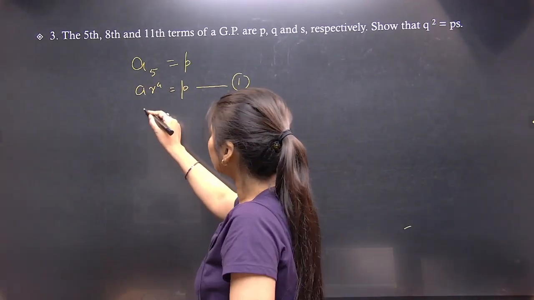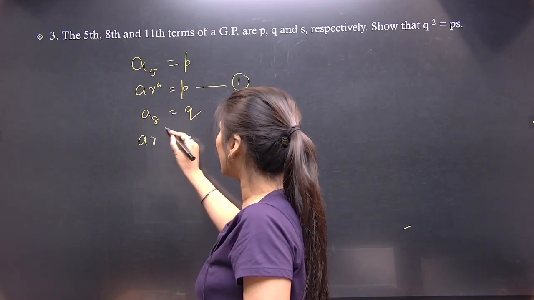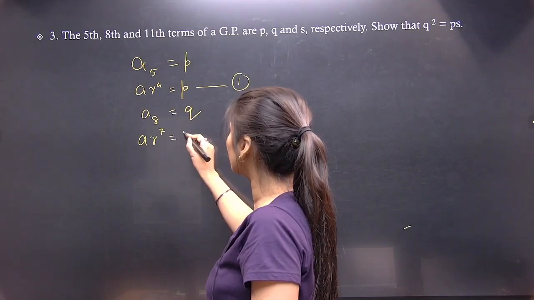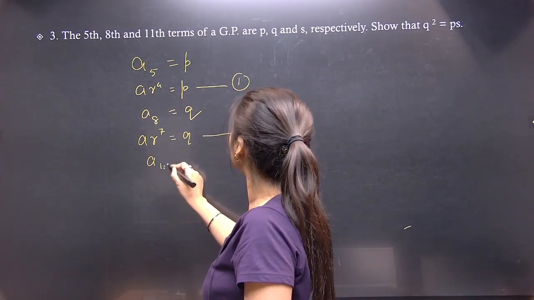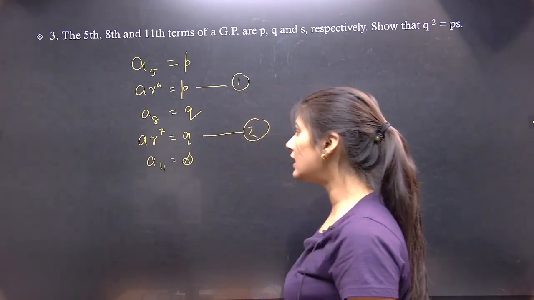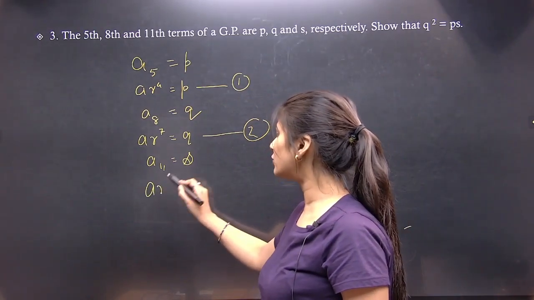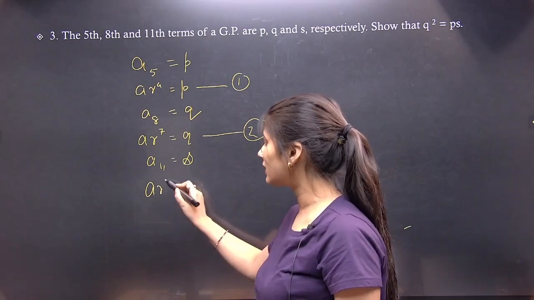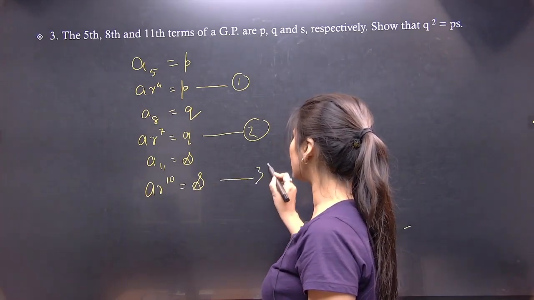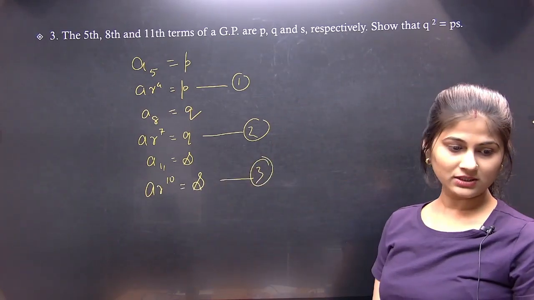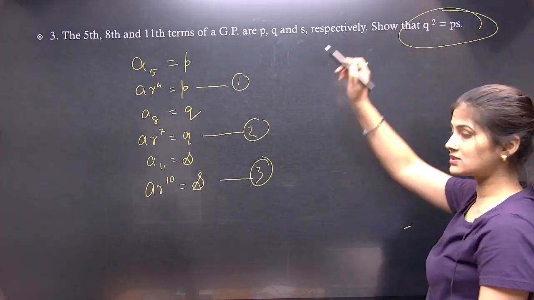The 8th term is Q: AR^(8-1), that is 7, is equal to Q. The third thing is the 11th term is S, which means AR^(11-1), that is 10, is equal to S. This is equation 3. This is the complete data given in the question, and we have to prove that Q square is equal to PS.